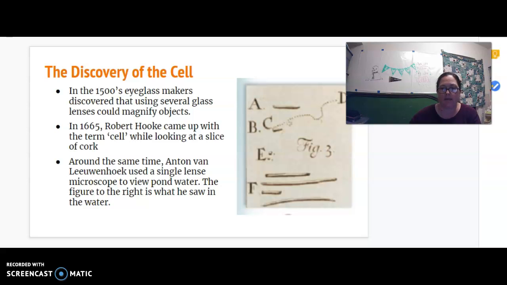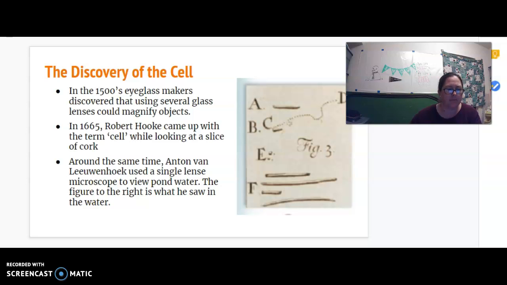And he said that he could see things inside that kind of reminded him of tiny rooms, based off of a monastery tiny room, and those were called cells. And so he used the term cell because they looked empty to him, but today we know that they are not empty and they have a bunch of things inside of them.